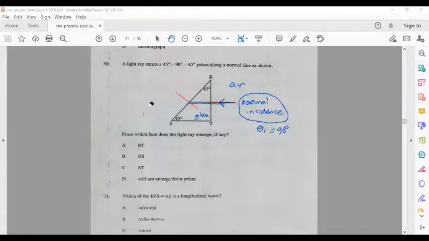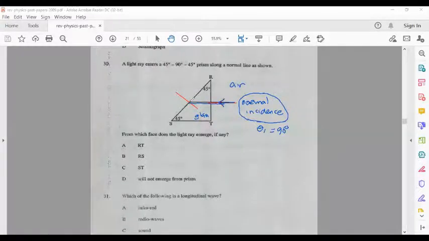And the reason that doesn't happen is because every medium has a specific angle, and if the angle of incidence is greater than that, then the ray is not going to be able to escape or be refracted and pass into the next medium. It's going to be turned around and it's going to be actually reflected right back into the same medium.